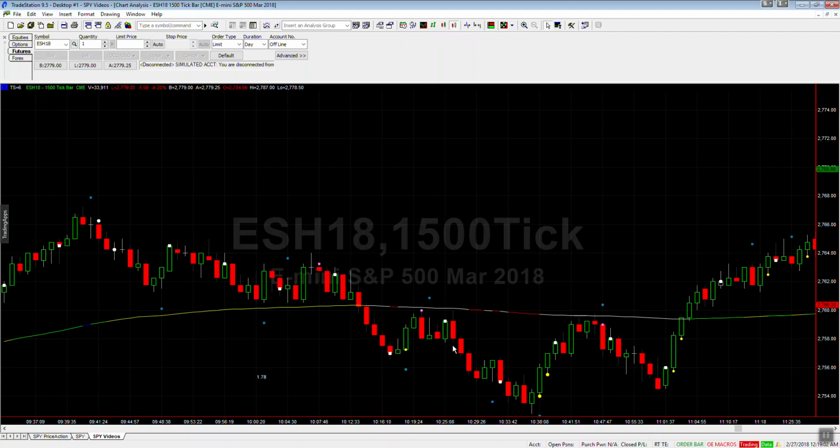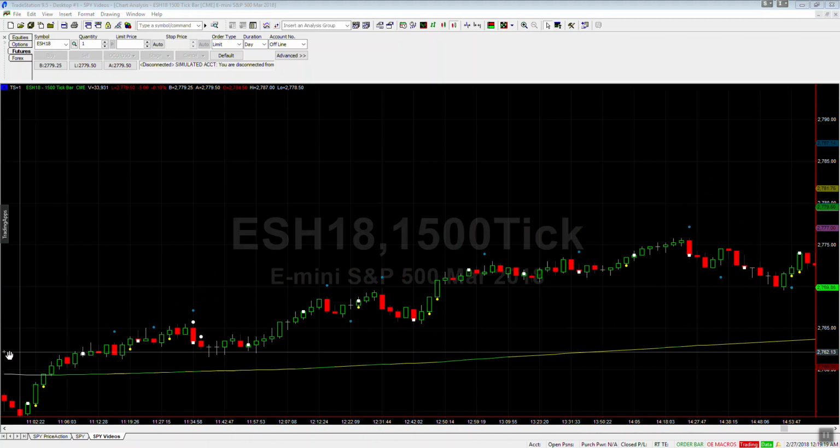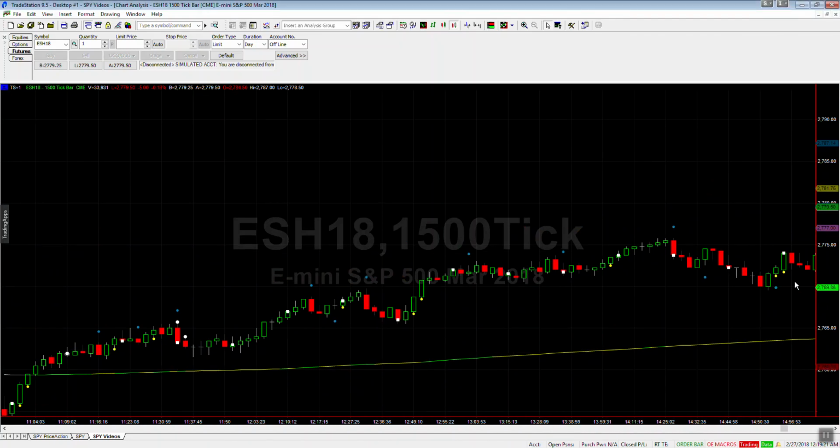And in whatever direction price starts to distance itself from the RTM line, that's when it's likely the beginning of a minor or a major trend. This is just a minor trend here, and as we move back and forth, we can see this is more of a major trend.